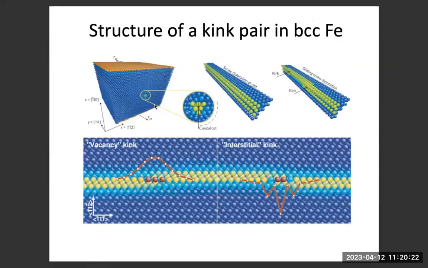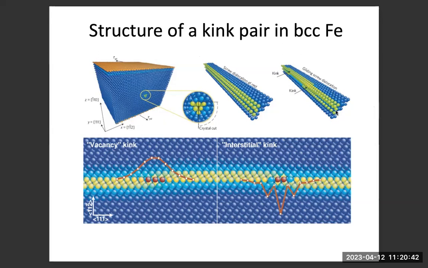Another representation of compact core of screw dislocation. They are at rest, and once you glide your screw dislocation, you form the kinks. Then the kinks go to the other energy state.